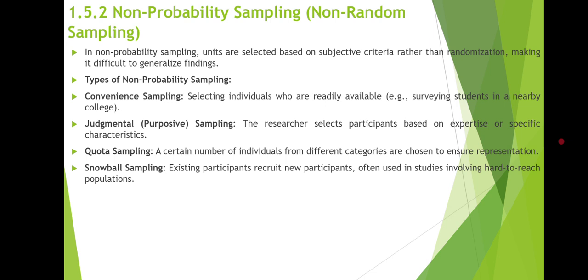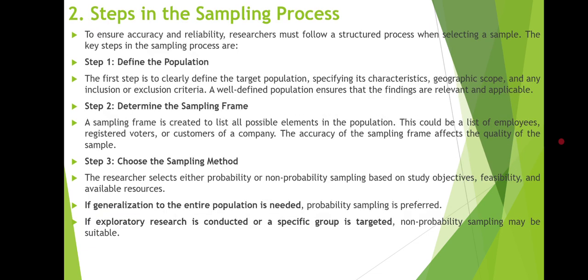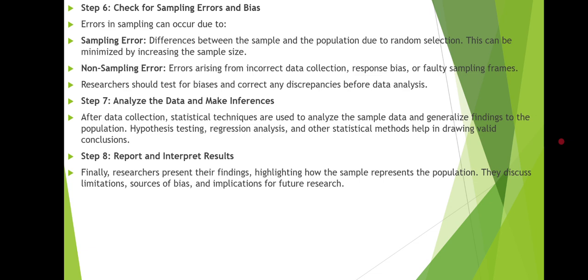Next, we have quota sampling, where a certain number of individuals from different categories are chosen to ensure representation. Next, we have snowball sampling, which means existing participants recruit new participants, often used in studies involving hard-to-reach populations.